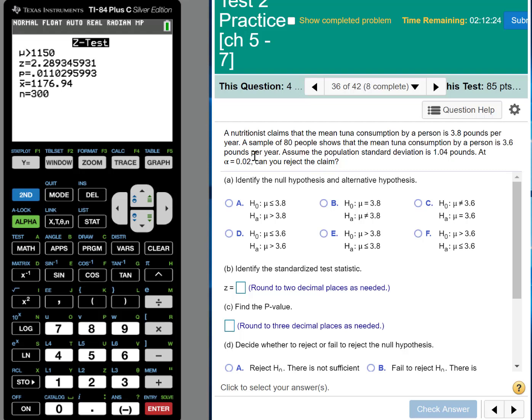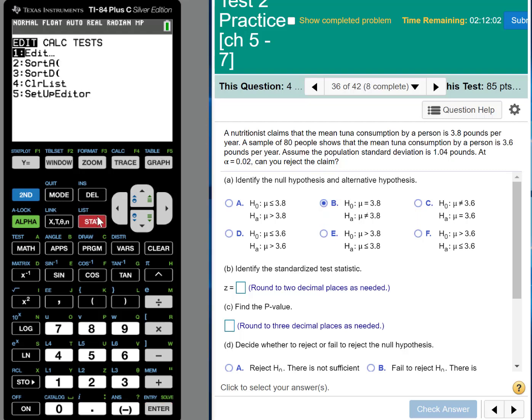He didn't ask you if you can support the claim because the claim is in the null hypothesis. When the claim is in the null hypothesis, you will never have a question asking you to support. He will be asking you to reject. So that's a hint for you guys to know that the claim is in the null hypothesis. So it says the claim is 3.8, so that will be B.